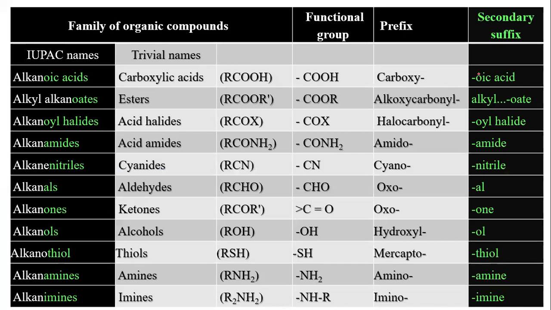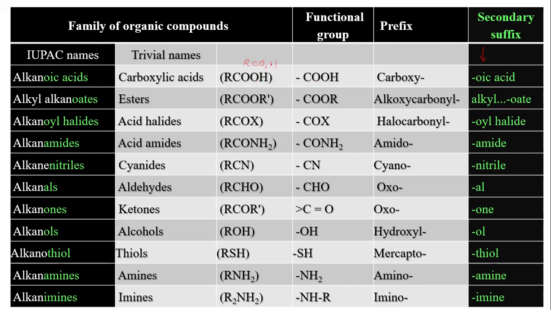These are the secondary suffixes, this column, and these are in priority order. Alkanoic acid, the general name is carboxylic acid for this group of organic compounds. The general formula is RCOOH, and sometimes we can write RCO2H.